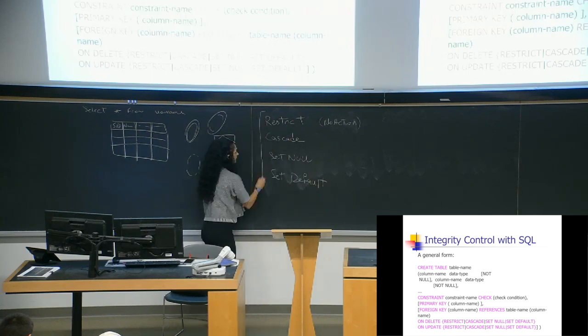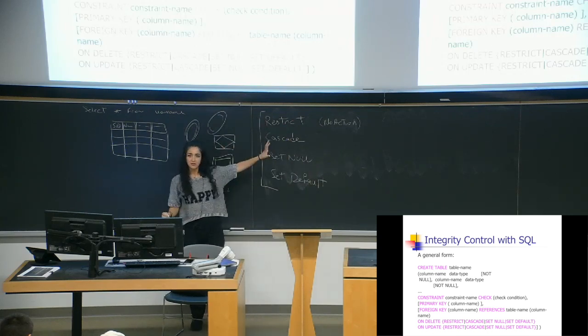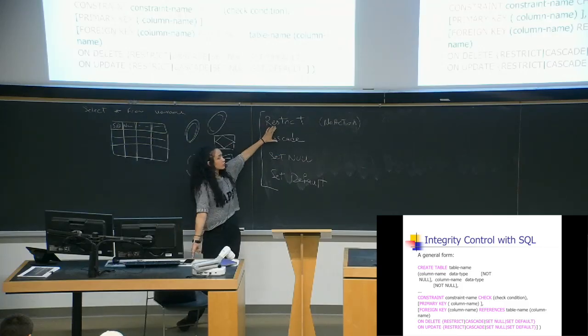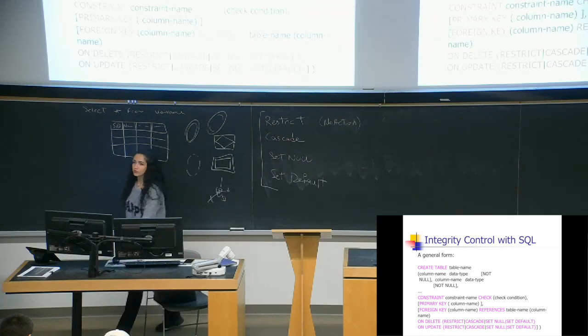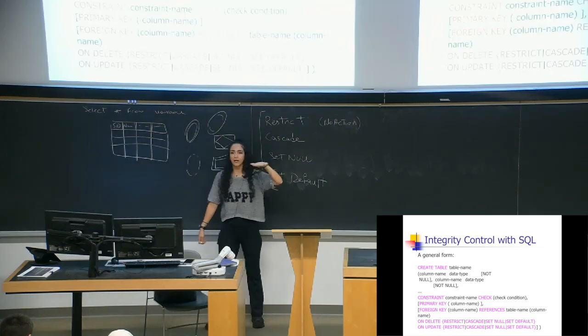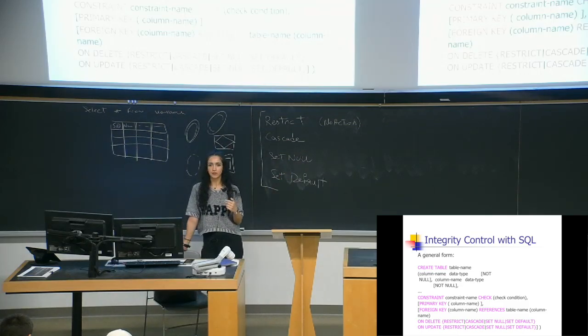These are everything you need to set for the integrity control, and that's it. So restrict means, for referential integrity, when you have a foreign key, I don't want to allow this change to happen. For example, let's say I define an update restrict.